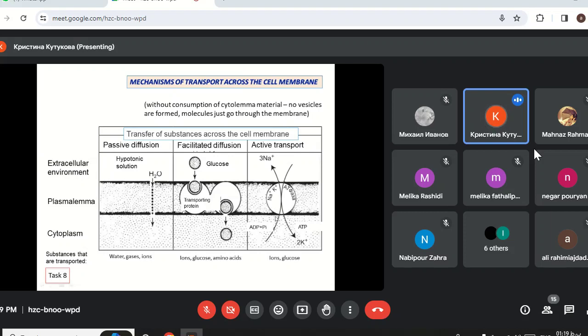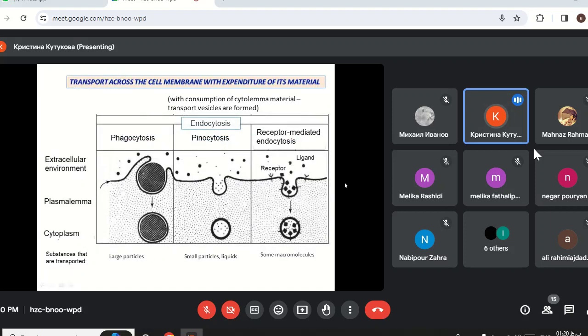So this is the ATPase, the ion pump, sodium-potassium pump in this particular case. So it pumps the sodium ions in one direction and potassium ions in the opposite direction with the help of ATP molecule against the concentration gradient.